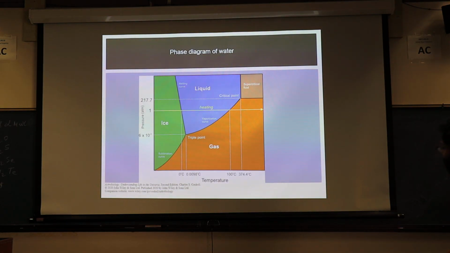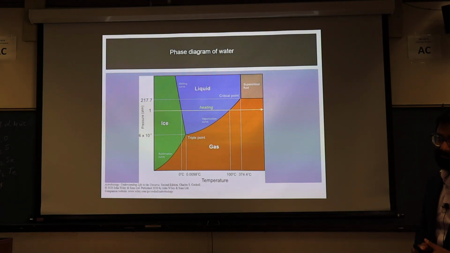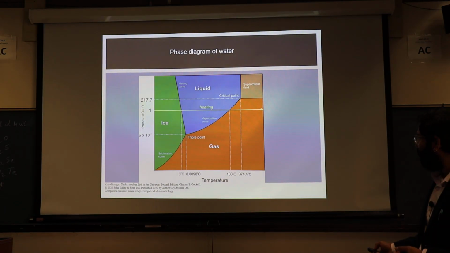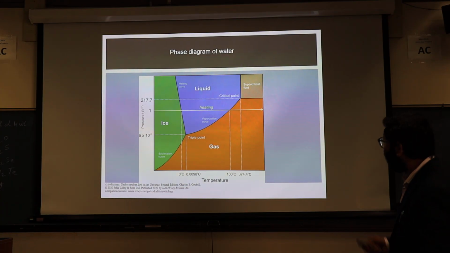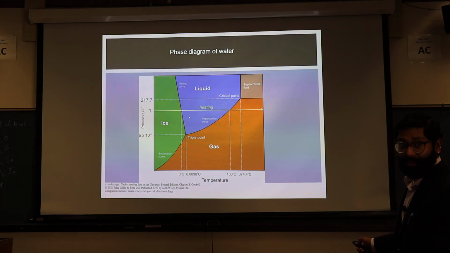Okay, now this is the phase diagram of water. Very similar, right? Where do we stand on the surface of Earth? At around, so this is 100, so somewhere between 0 to 100 degrees Celsius, maybe around this, right? And pressures of 1 atm. So what is the phase?